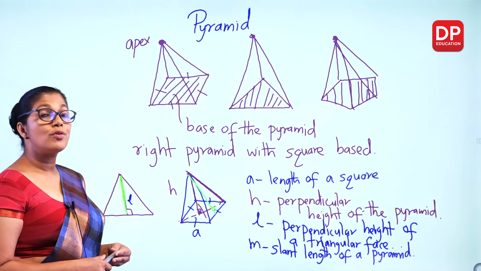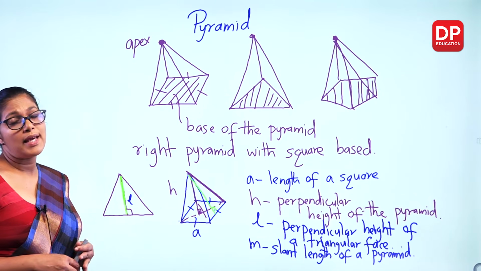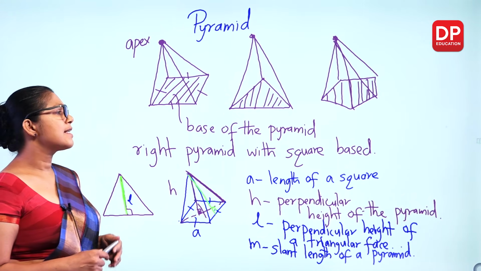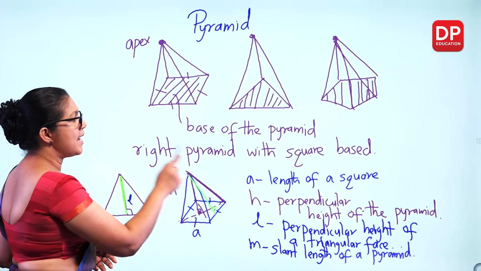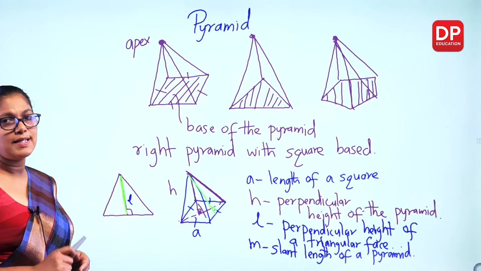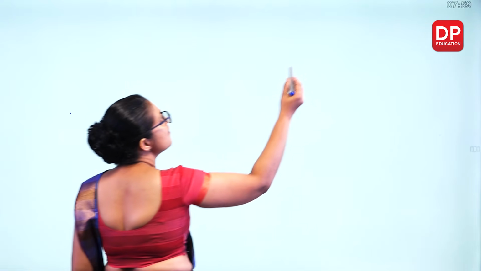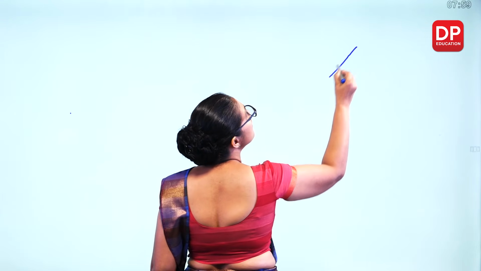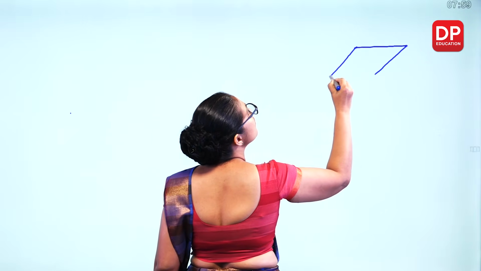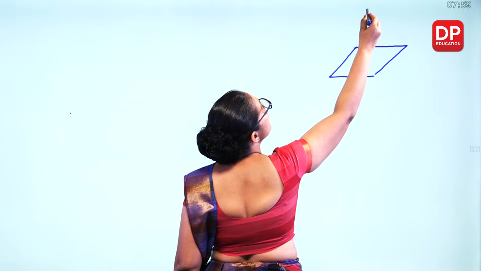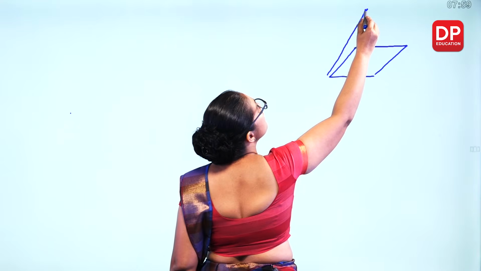We'll try to figure out now how we can find the surface area of square-based pyramids. We only discussed the right pyramid with a square base. Now we'll try to draw the pyramid. I'll draw it here. You draw a square like this, take a point somewhere there and connect.